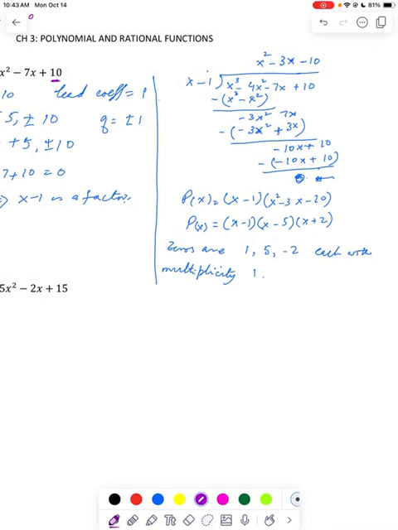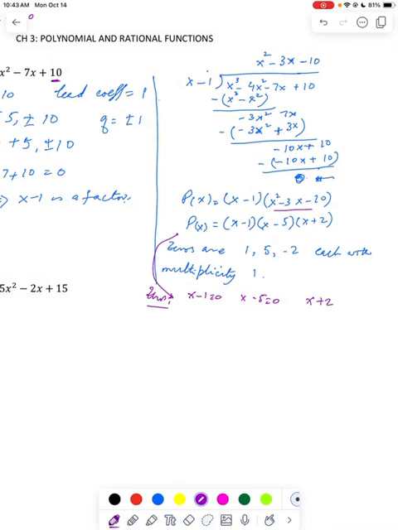But now let's look at the quadratic factor. In this case, it can be factored easily as x minus 5 times x plus 2. So zeros are 1, 5, and negative 2. I can tell by just looking at P of x, or you can do extra work here: x minus 1 equal to 0, x minus 5 equal to 0, so you are finding the zeros.